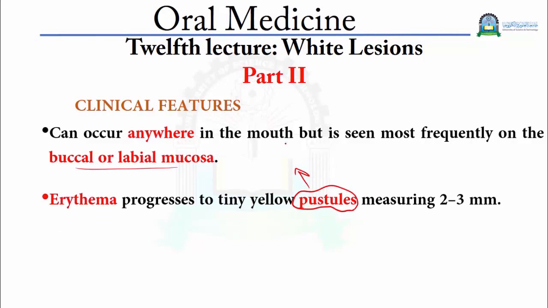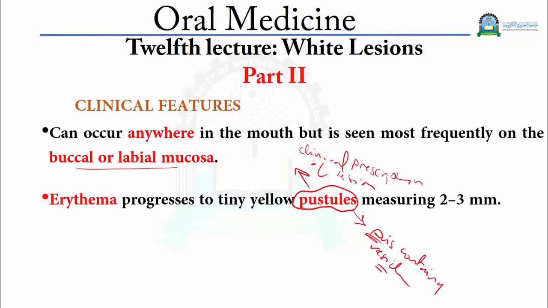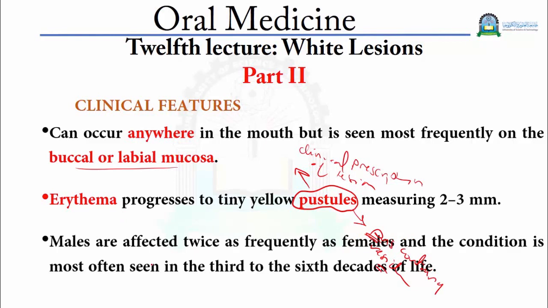As we studied in the lecture of the clinical description of the lesions, if you remember, the pustule is a pus containing vesicle or bulla, so containing pus. So erythema progresses to tiny yellow pustules measuring 2 to 3 millimeters in diameter.